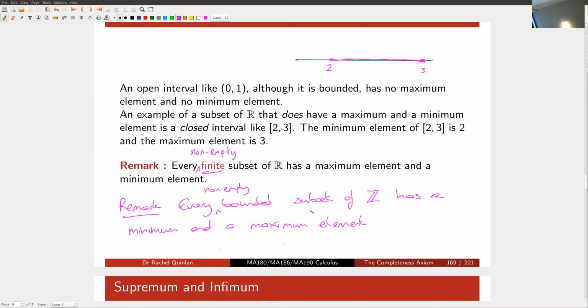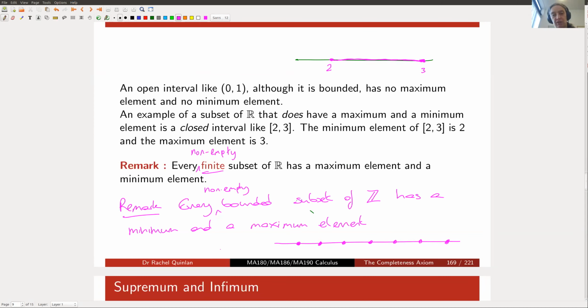The reason for that is just how different the geometry of the integers is from the geometry of the rational or real numbers: the integers are spaced out. So if you have a bounded subset of Z, it has to have a leftmost element because the elements are spaced out. You can't have the elements crammed in near some lower bound, without that lower bound actually being included in the set.